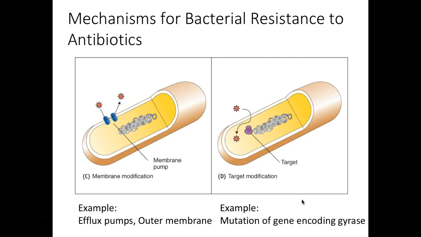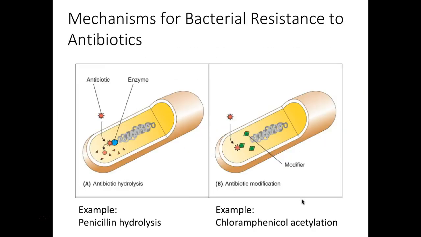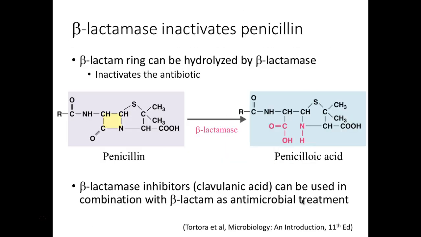Let's take one more example, and this is a classical example. I'm going to show you two molecules real quick. Amoxicillin on the right, clavulanic acid on the left. Both of these are what kind of antibiotic class?